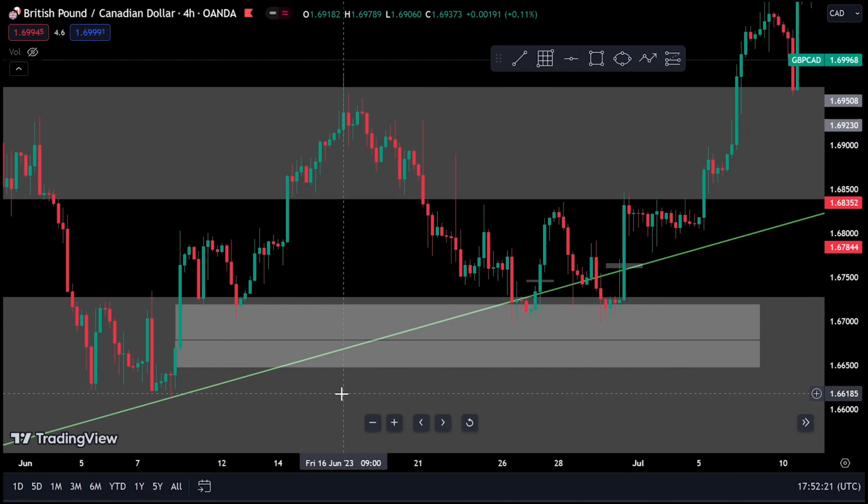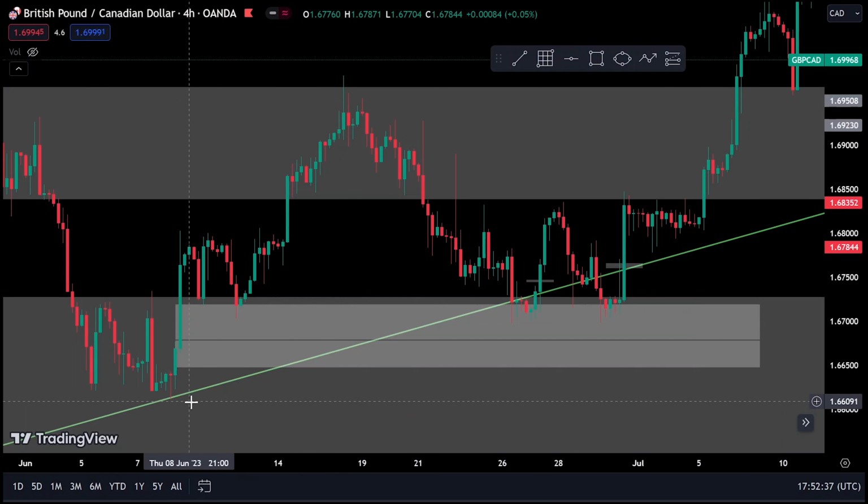So on the fair value gap, I have a video on fair value gap, and I explained that we can have about one or two or three fair value gaps lying above a support, sorry. So you can see at this support zone we had this first fair value gap here.